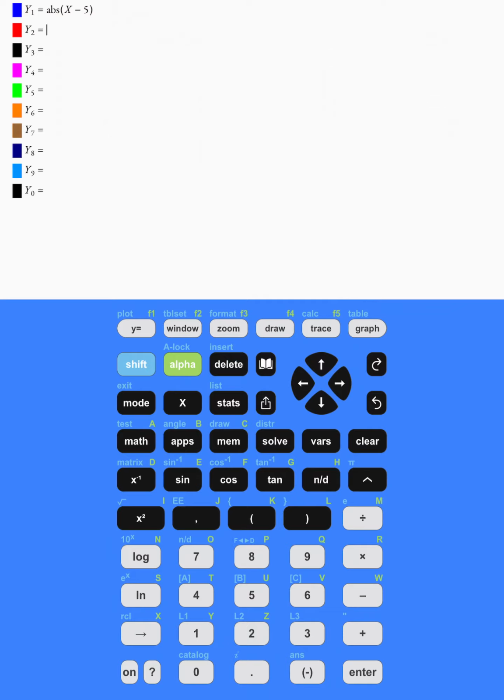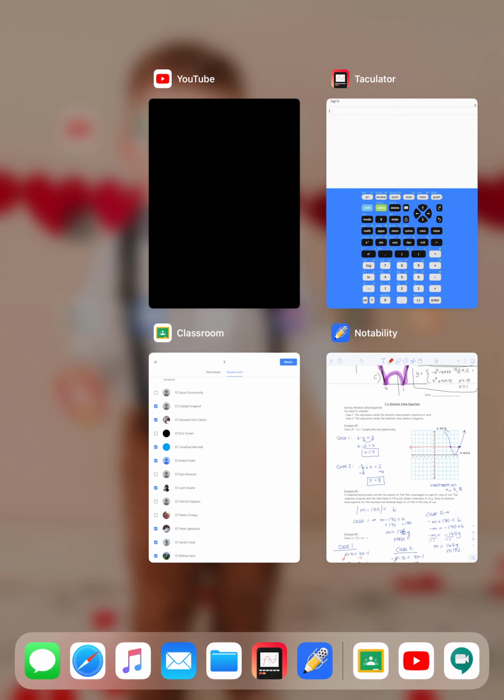So for example, we're going to put log of 1 in our calculator and see what it equals.